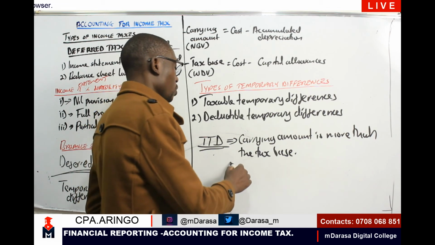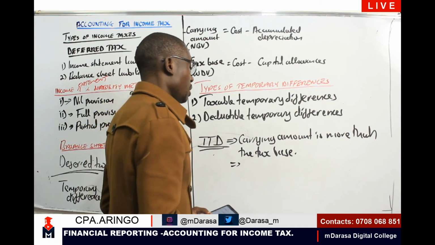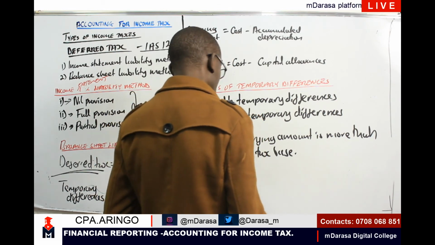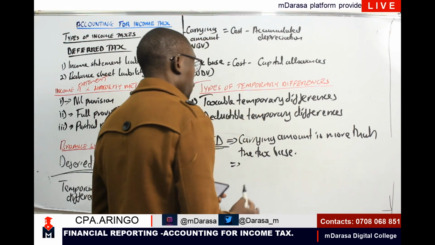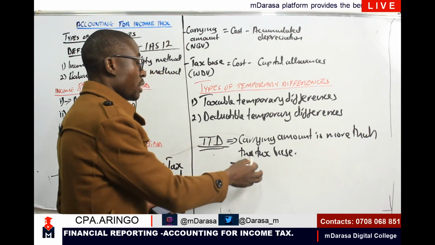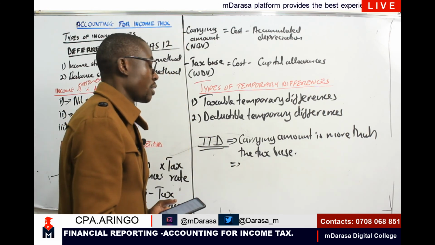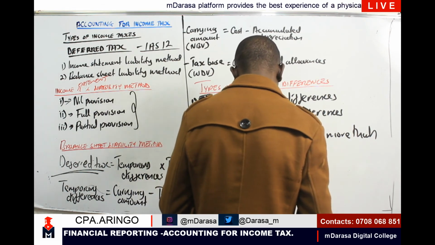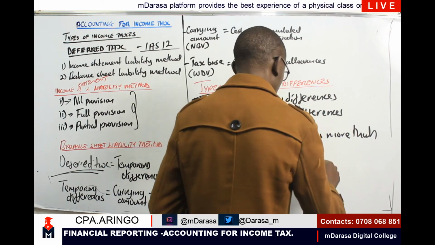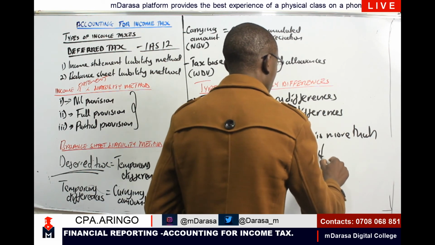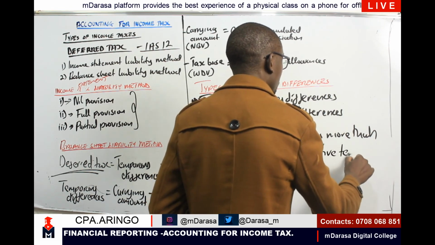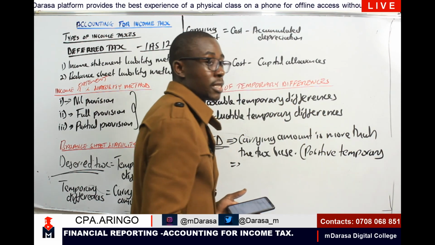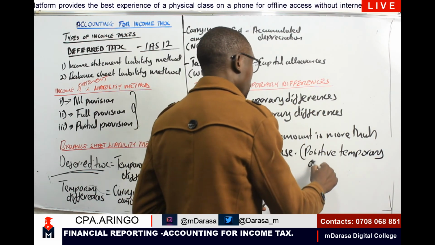In this case, it will give rise to deferred tax liability. And by the way, taxable temporary difference is also known as what? It is also known as positive temporary differences.